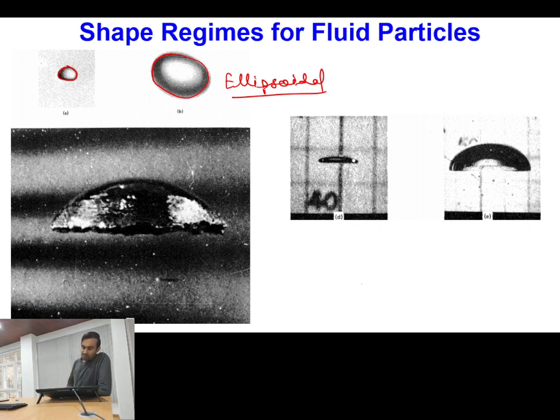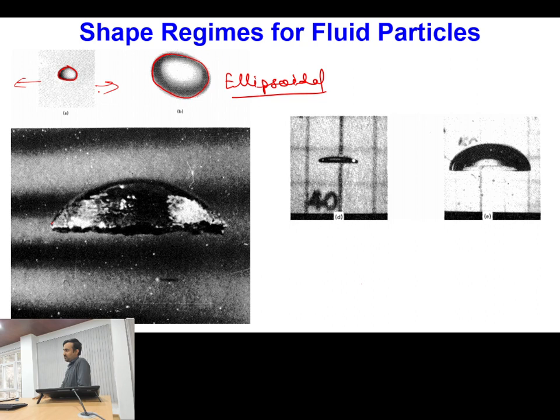Now there is one more, third type of arrangement. All these shapes correspond to the case where in the surrounding you have fluid present up to an infinite extent, and all these bubbles are rising or moving down within the continuous medium at constant velocity.